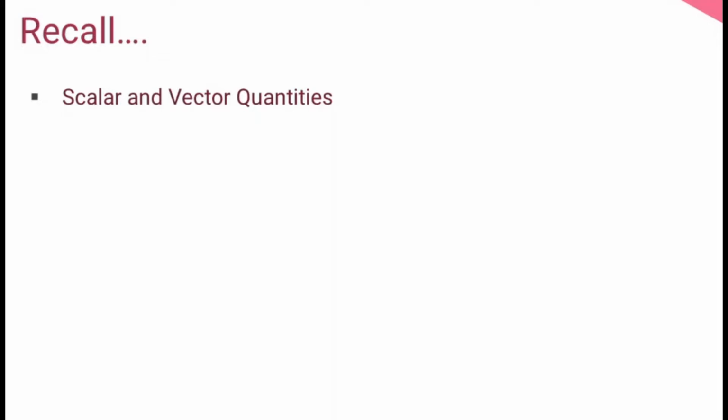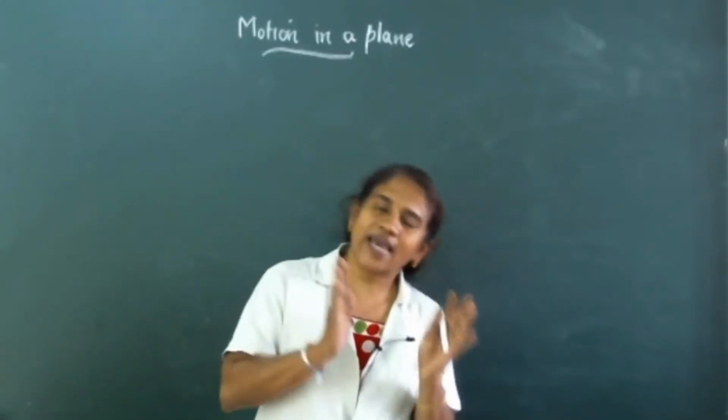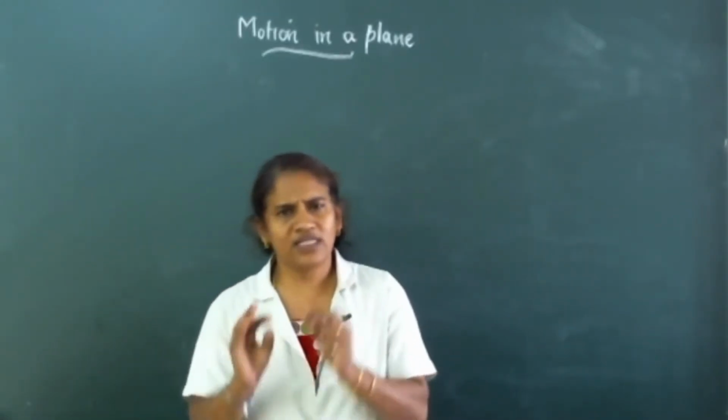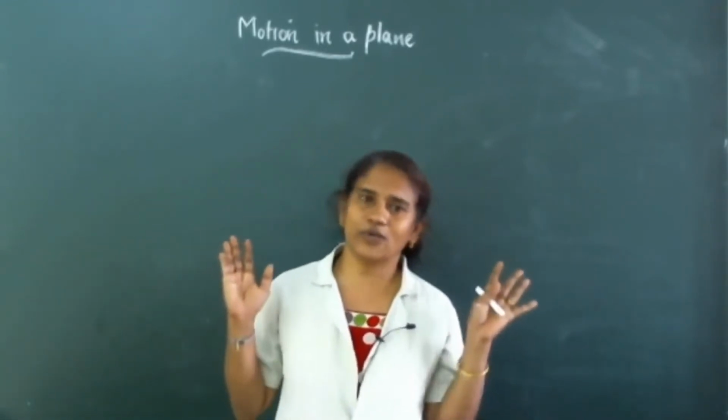Yes, you have studied about two types of physical quantities as scalar quantities and vector quantities. And what is vector quantity also you know. What is vector quantity? Which is having magnitude as well as direction. So about scalar quantities and vector quantities you are having very clear idea. I know that. Examples also you know.